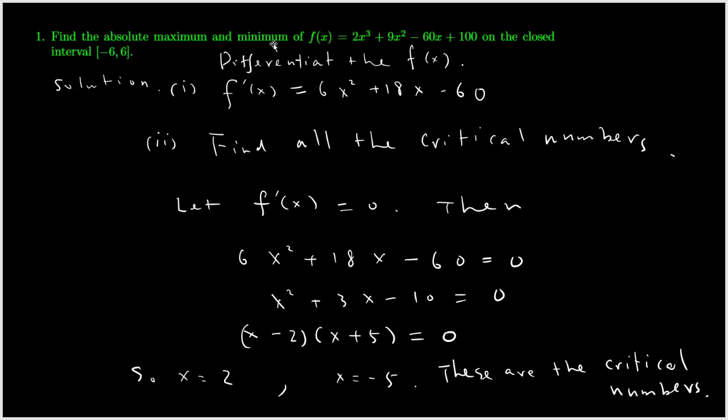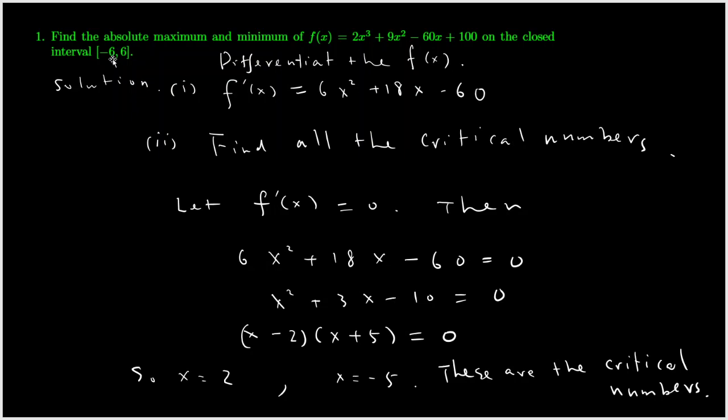Without using calculus, you have many candidates to be the maximum or the minimum. Any number on the interval is possible, right? But after getting the critical numbers and using other properties, the only candidates for the locations of the maximum or the minimum are the critical numbers and the two endpoints.